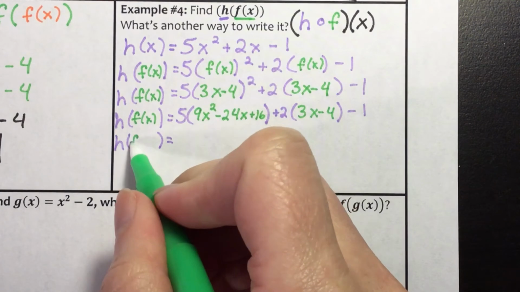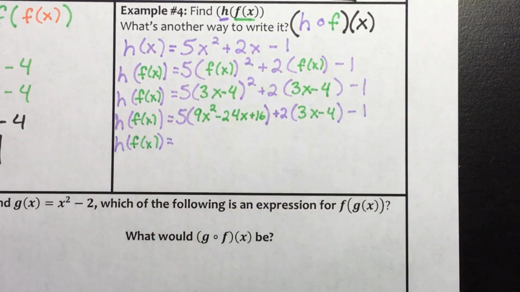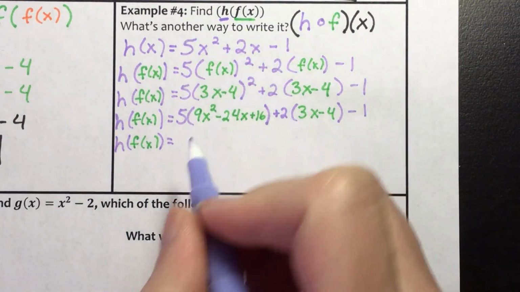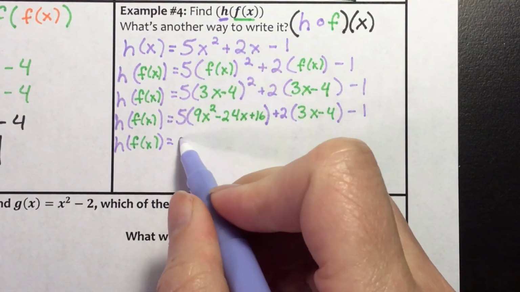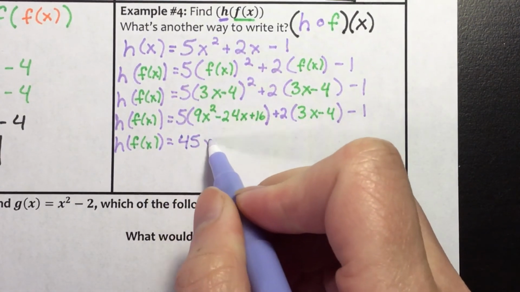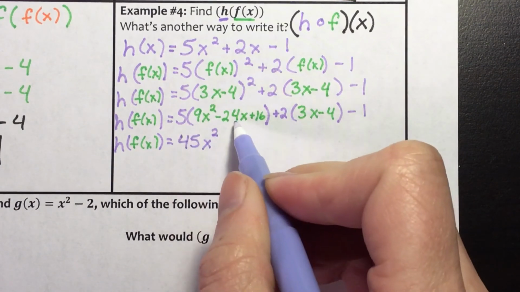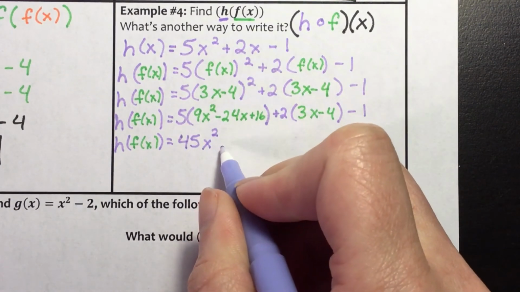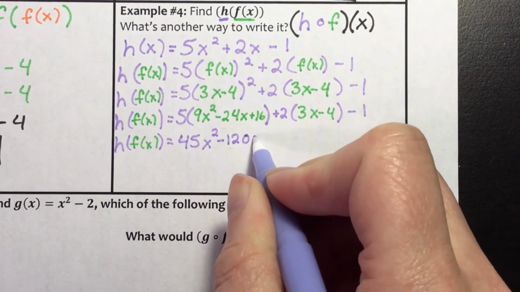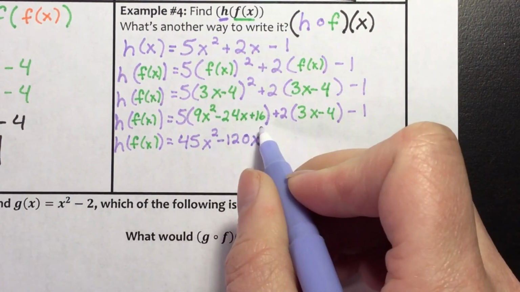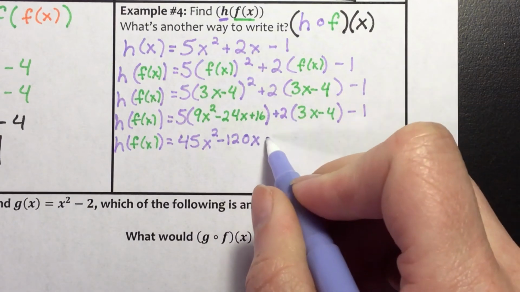So h of f of x equals, all right, 5 times 9x squared is 45x squared. 5 times negative 24x is negative 120x. 5 times 16 is 80.